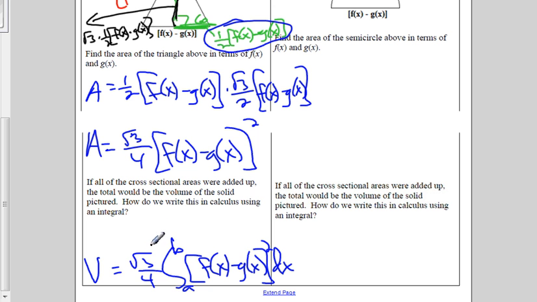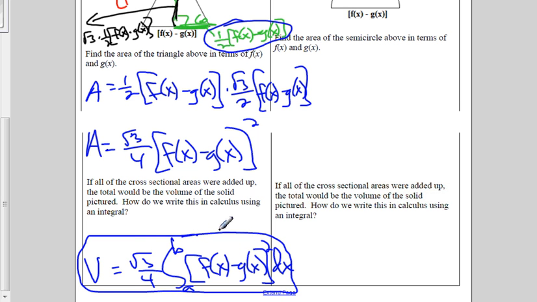We found out that the isosceles triangle had 1/2, and now this is square root of 3 over 4. So every single equilateral triangle will have that square root of 3 over 4 out in front. So if you get rid of that square root of 3 over 4, then it's just the cross sections of a square. Okay, but this is if all cross-sectional areas were added up, the total would be the volume of the solid pictured. How do we write this in calculus using an integral? And this is what we would get.